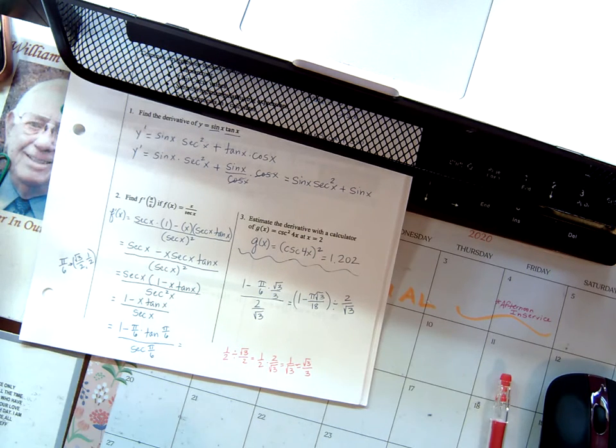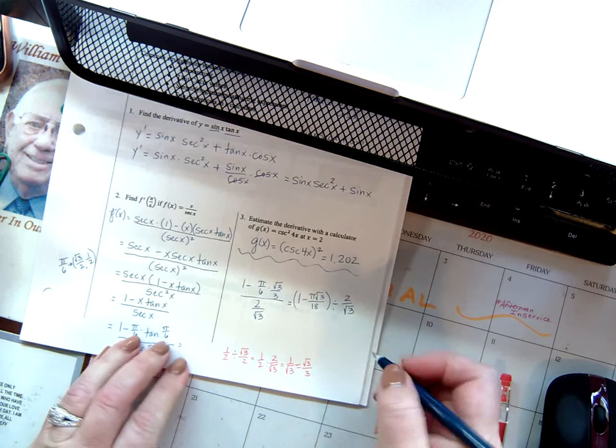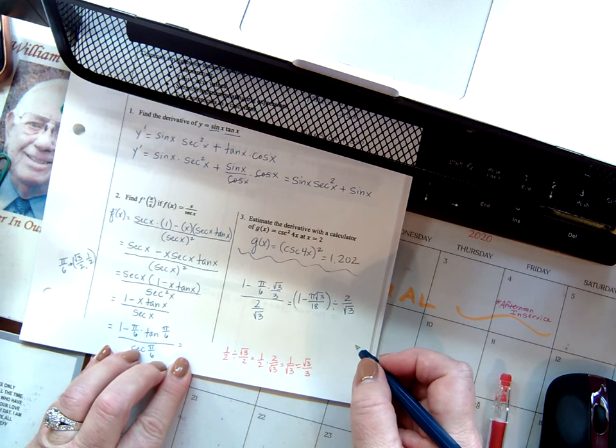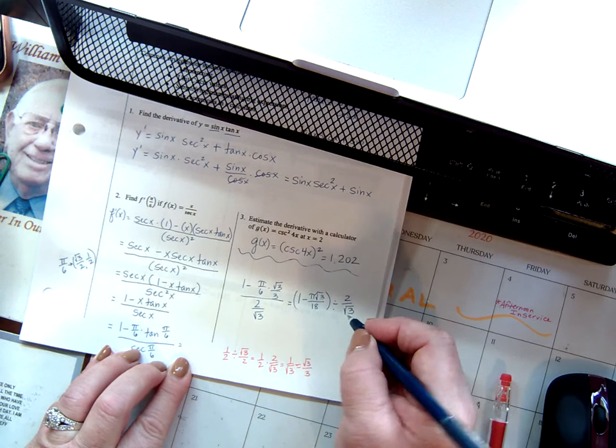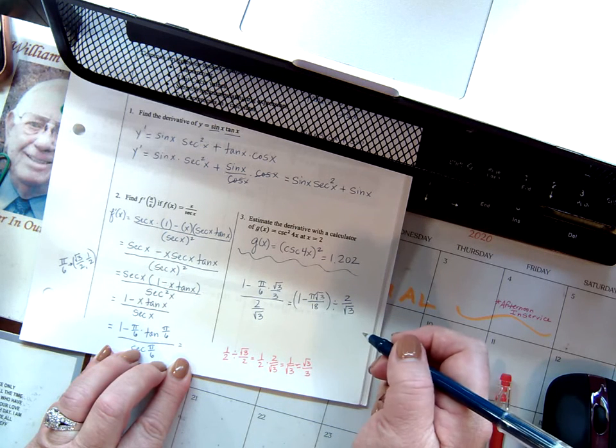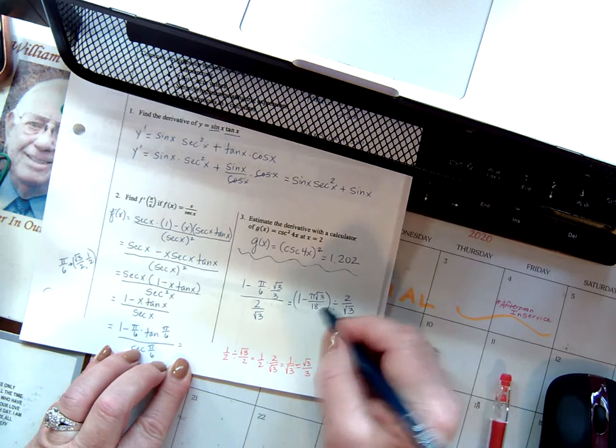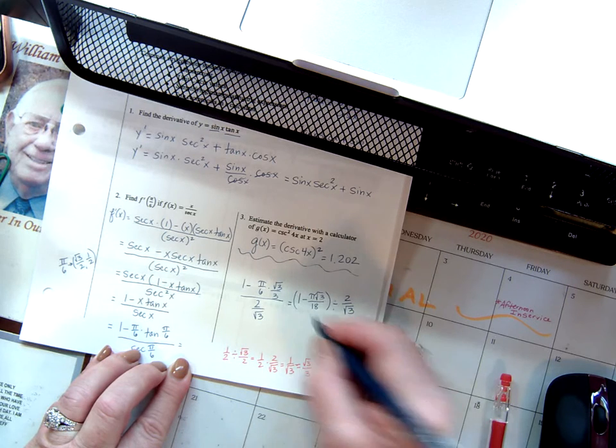Let's see what's going to happen with this thing. Are you okay if I turn this into one single fraction? So 1 is like 18 over 18.